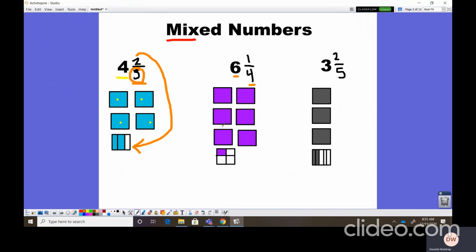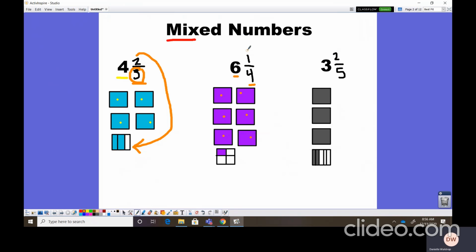And so when I'm drawing this, or when you see a picture, my whole number right here, I've got to have 6 whole boxes or 6 circles, whatever the picture might be. I have to have 6. So I've decided just to use squares. So I drew 6 whole colored in squares. 1, 2, 3, 4, 5, 6.